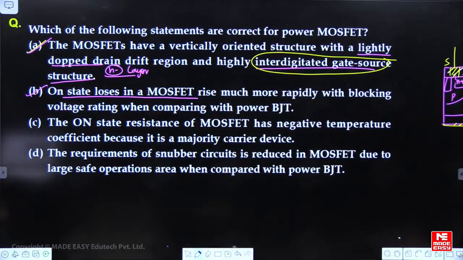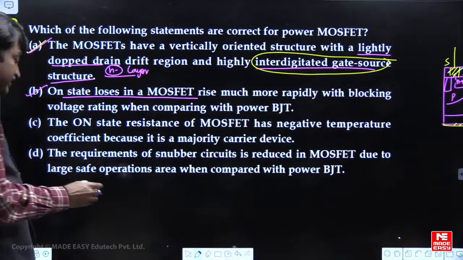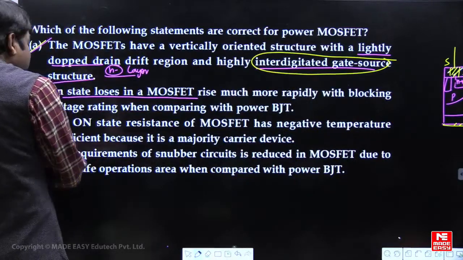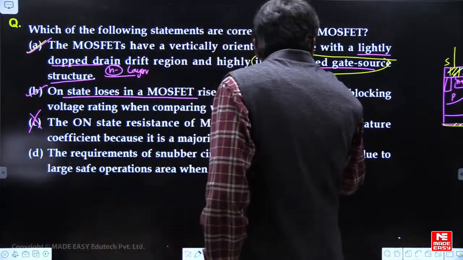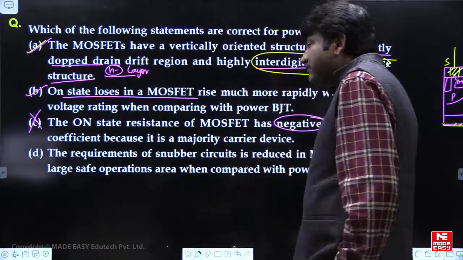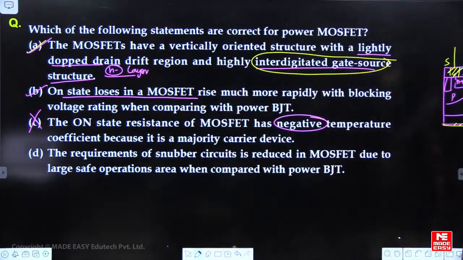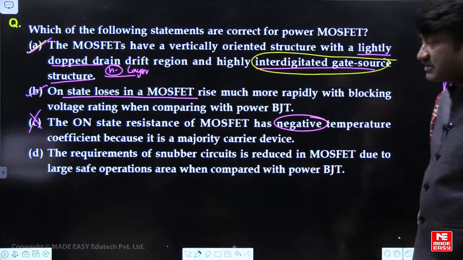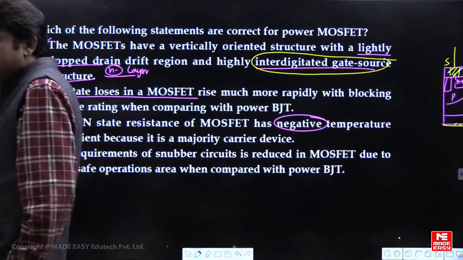So this statement is a false statement. MOSFET is having positive temperature coefficient for on-state resistance. So that is false.